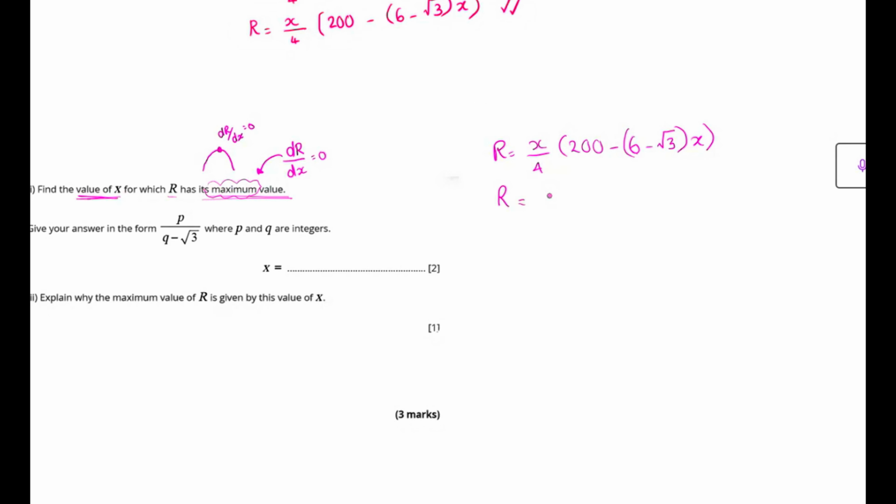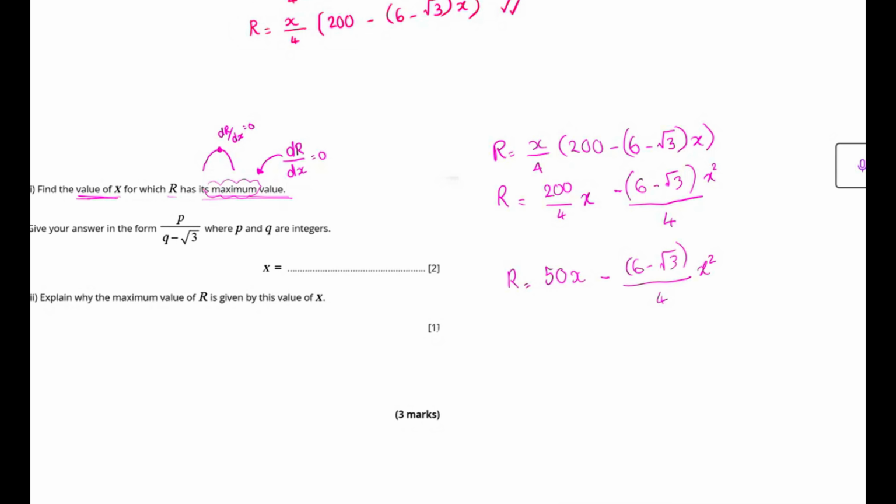So r equals, open up our brackets, you've got 200 over 4x minus 6 minus root 3x over 4. Now let's simplify this. I get r equals x squared. So I end up with 50x minus 6 minus root 3 over 4x squared.